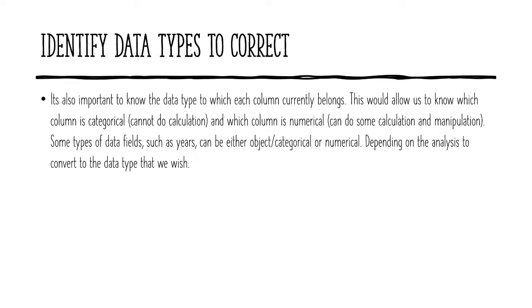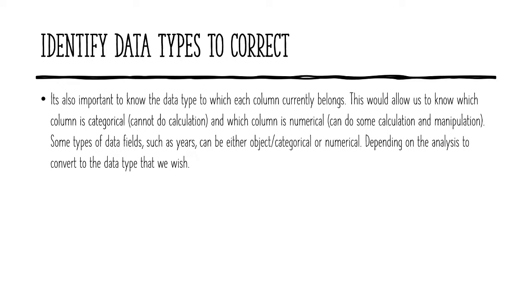And also, when knowing the data type, for categorical columns we cannot apply calculation on them, and for numerical columns, we can do some calculation and manipulation.